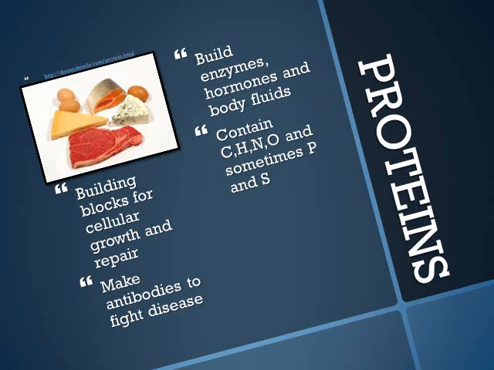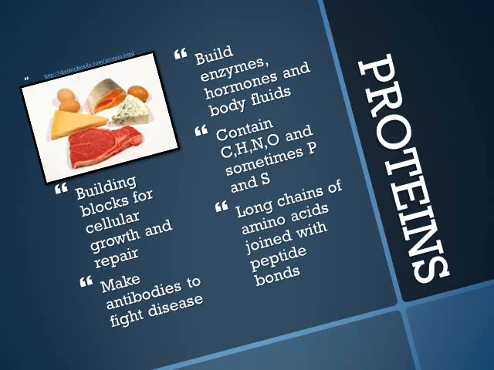Of course, the nitrogen is going to be found on the amino end of the amino acid, and the carbon and oxygen are going to be found on the carboxylic end of the amino acid. So we make these very long chains of amino acids in the ribosome of the cell, and as I said, we'll look at that process in another unit.